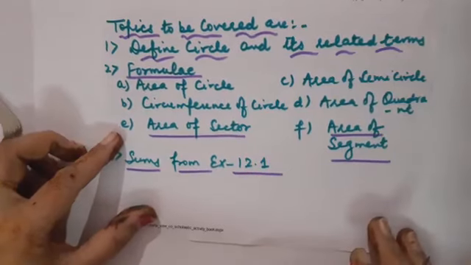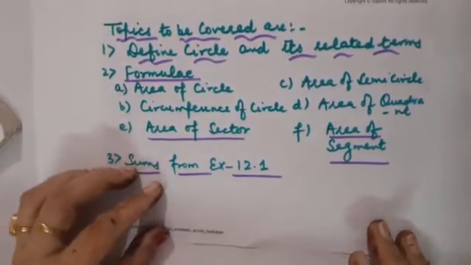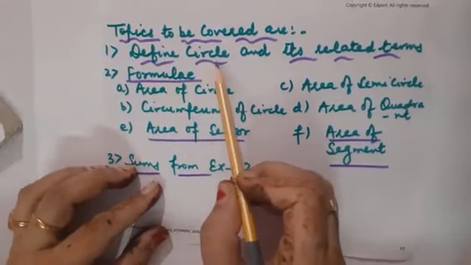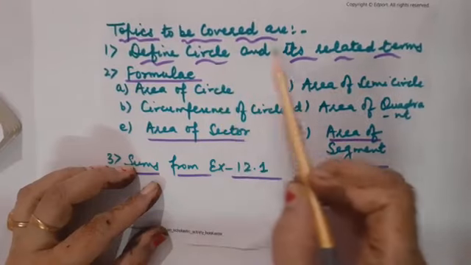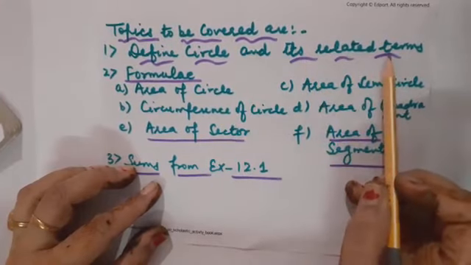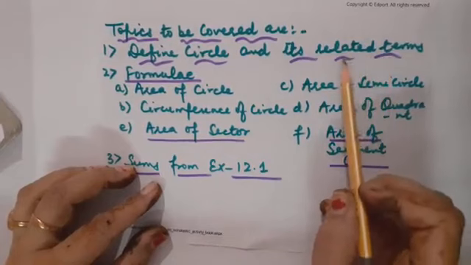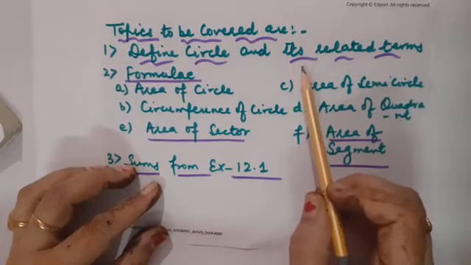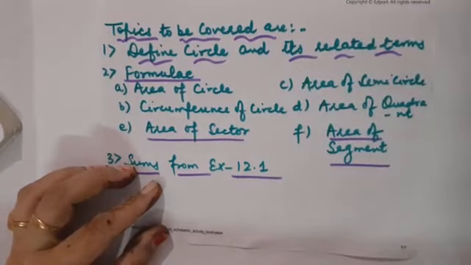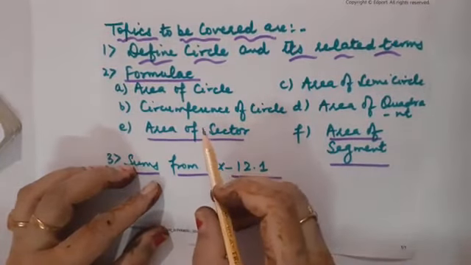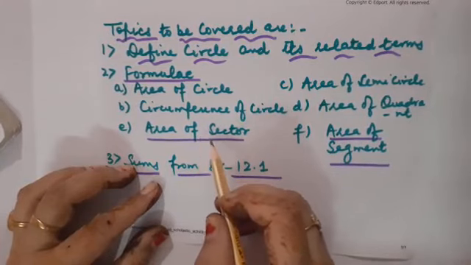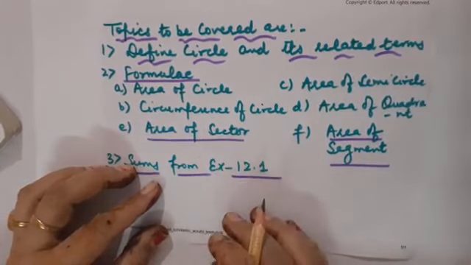So children, in lecture number 1, the topics which I am going to cover are: number 1, I will make you understand the definition of circle and all its related terms like radius, diameter, semicircle, chord, arc, sector, segment, minor sector, major segment, etc. Fine.